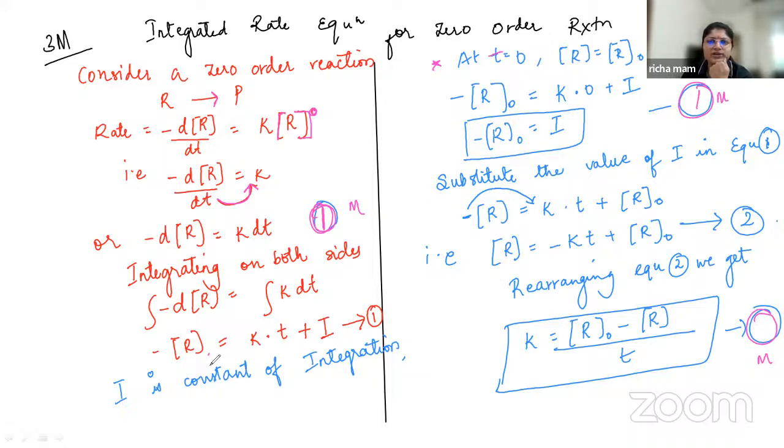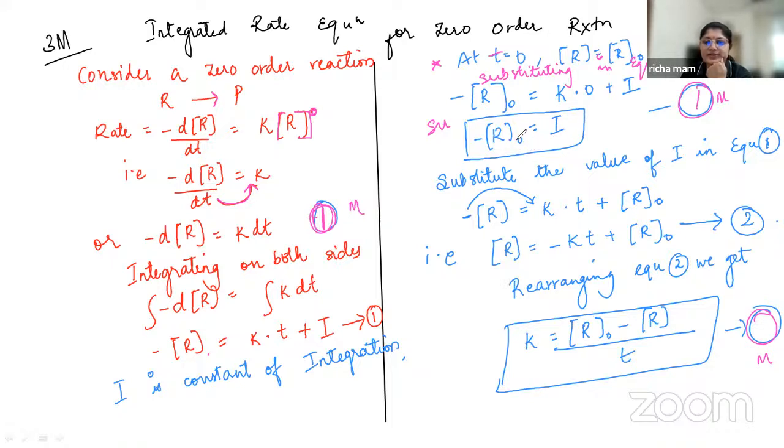After putting these values in equation 1, so we are substituting this in equation 1, we get minus R naught is equal to K into 0, which is 0, plus I. So I is equal to minus R naught.